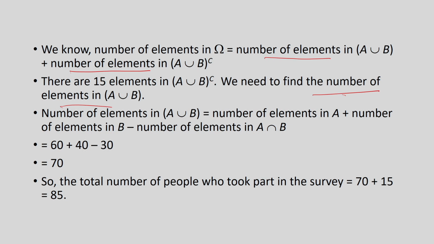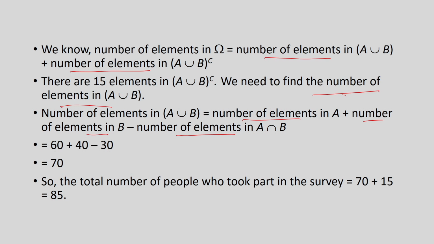So, the number of elements in A union B will be the number of elements in A plus the number of elements in B, then I have to subtract the number of elements who are in the intersection set, that is A intersection B. Okay. So, I have to use this sort of identity, and actually on the right hand side I know all these numbers.